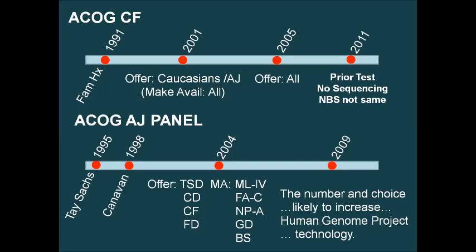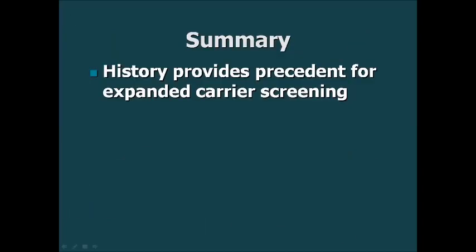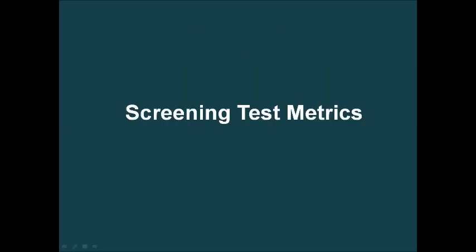So there is this natural progression to an expansion of condition and alleles as we've seen over the last 20 years or so. In summary, history provides a precedent for expanded carrier screening, and that's what the expanded carrier screening now in the prenatal setting is providing as a base.